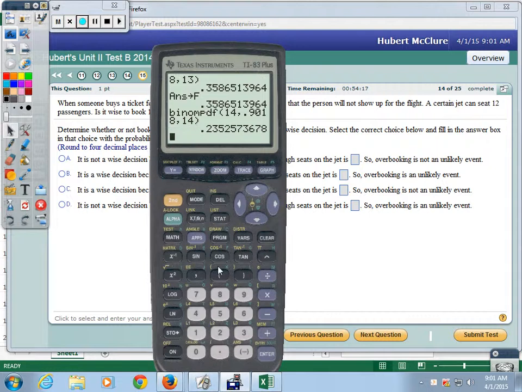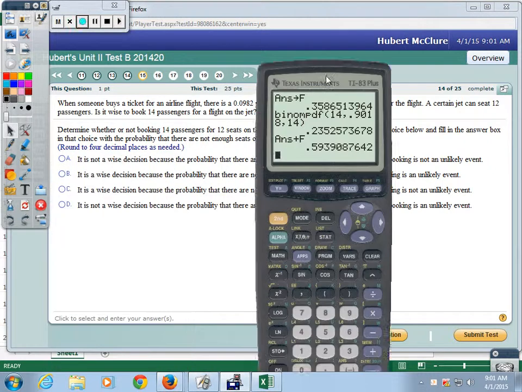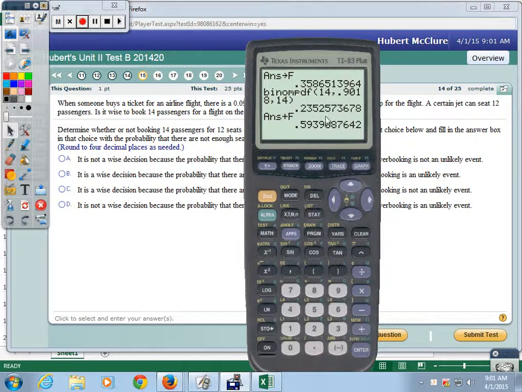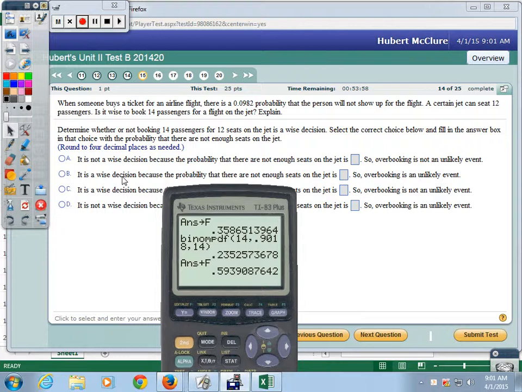I get that plus alpha, what do we call it? F. Enter. I get 0.59. What does it say round to? Round to 4 decimal places. 0.5939. Now I got a question.